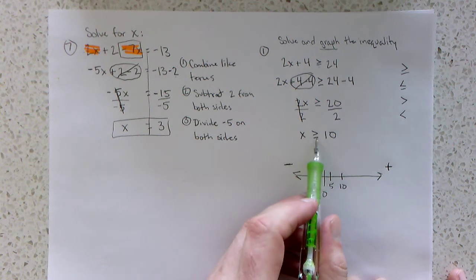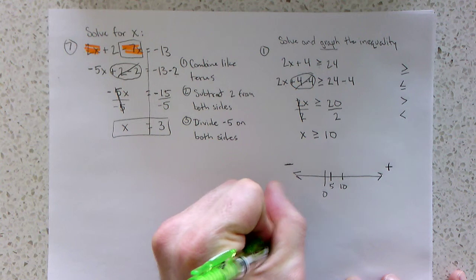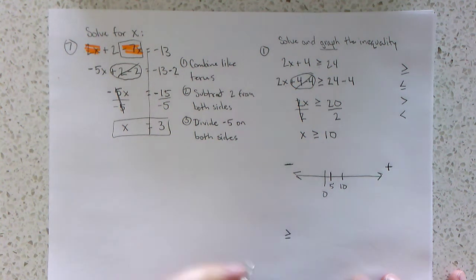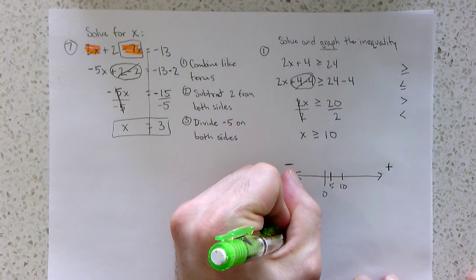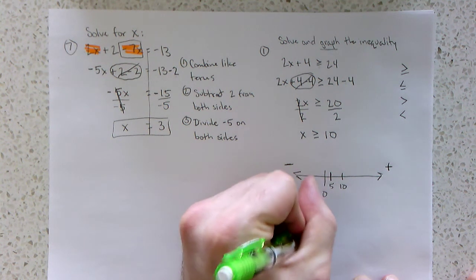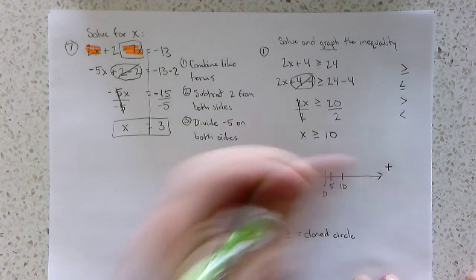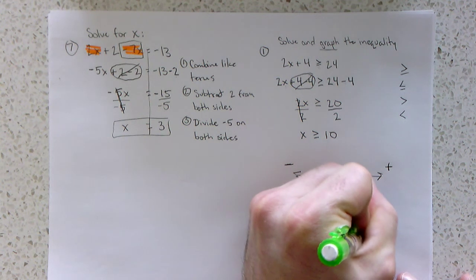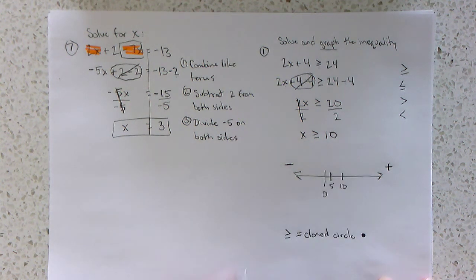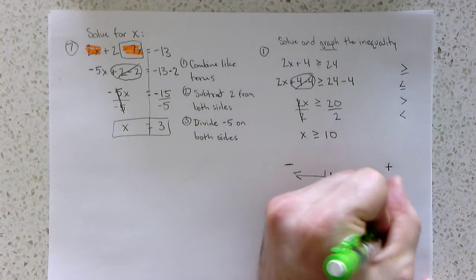Now when I have the equal sign, so greater than or equal to, it means that when I graph it, it's going to have a closed circle. So closed circle, so like this, means that we're including that number.